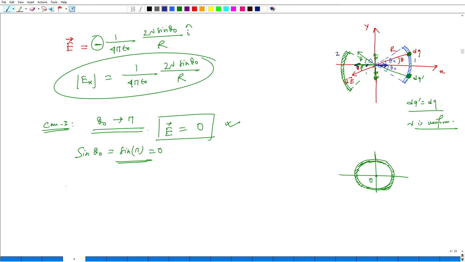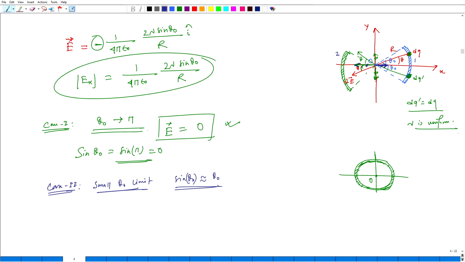On the other hand, case 2: if we consider the small theta naught limit, then sin theta naught is nearly equal to theta naught. In this limit, what does the system look like?